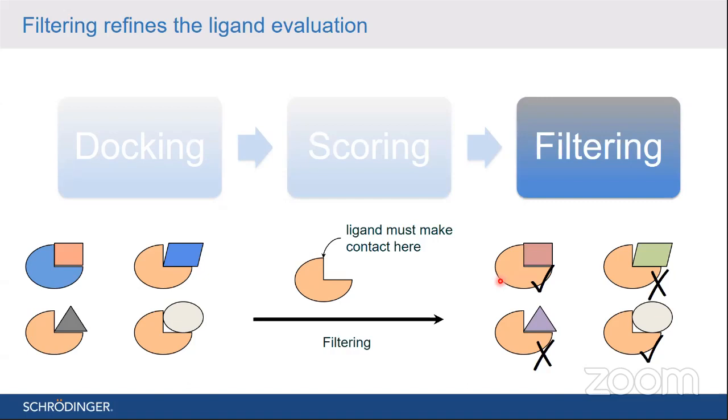Then when we proceed to filtering, as I said, you can choose the docking score as a filtering criterion, but that is just one filtering criterion, and there can be more. For example, I have a filtering criterion of a particular interaction, a particular contact. It means that until and unless the ligand makes contact with the receptor at this particular point, I will not consider it a good ligand.